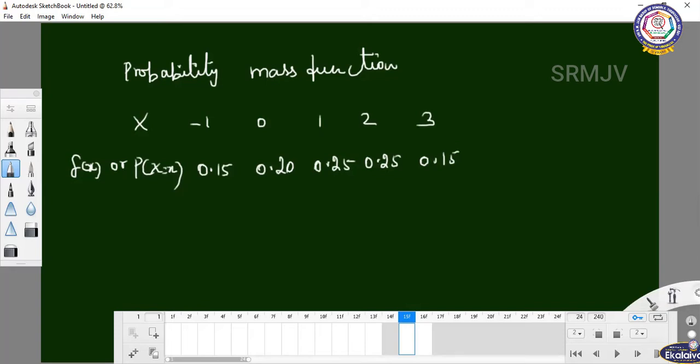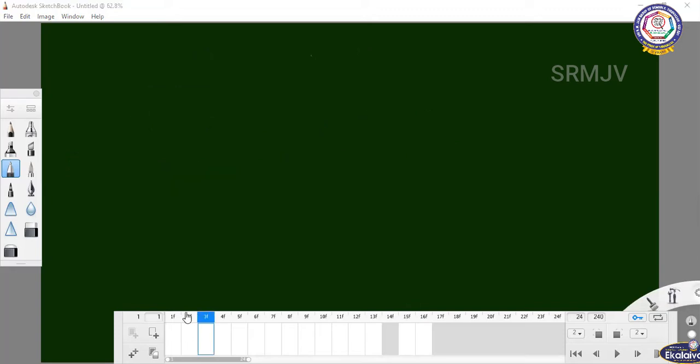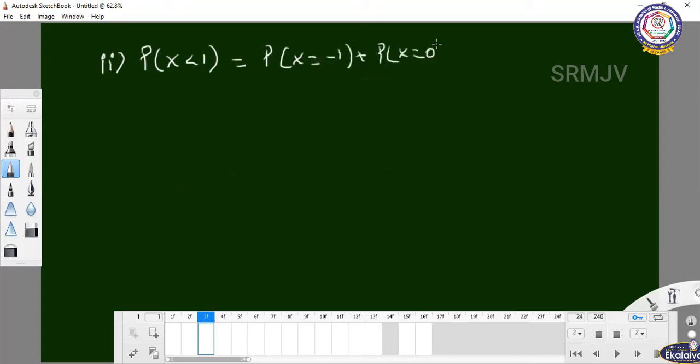Then what is the next subdivision? The second subdivision, P of X less than 1. P of X less than 1 equals P of X equal to -1 plus P of X equal to 0.